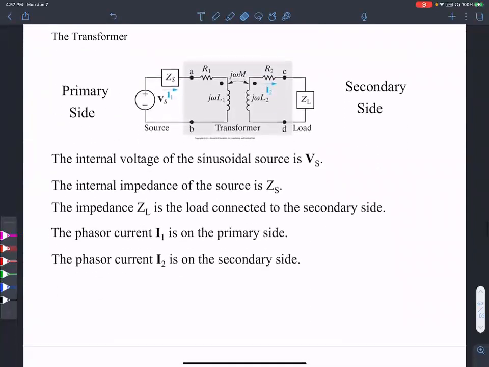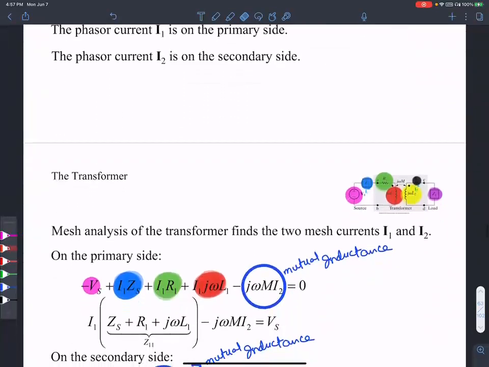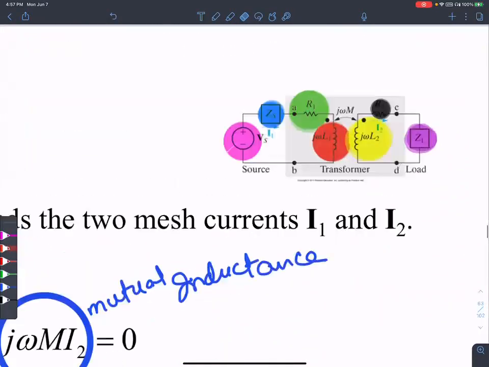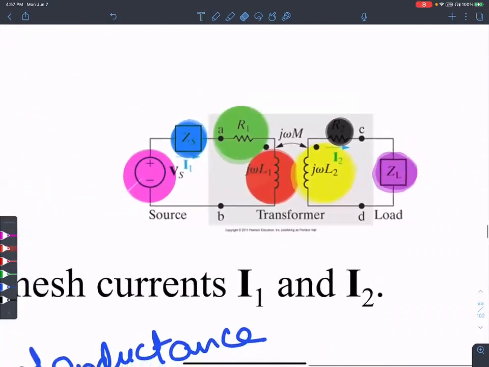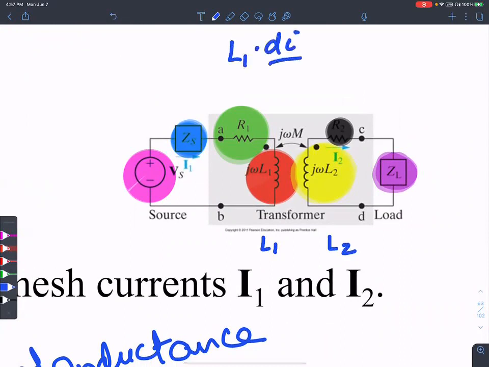Now, what I'm going to do is represent everything in the frequency domain. Instead of using L1 di by dt, I simply use J omega L times I1.